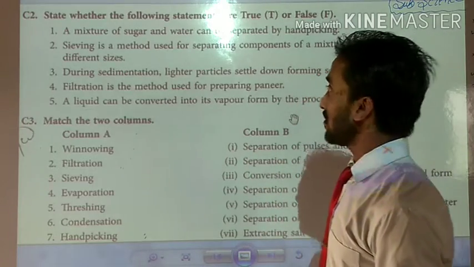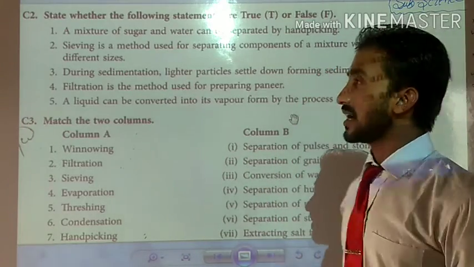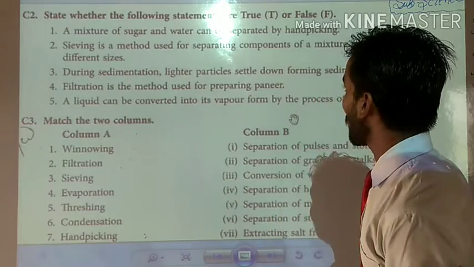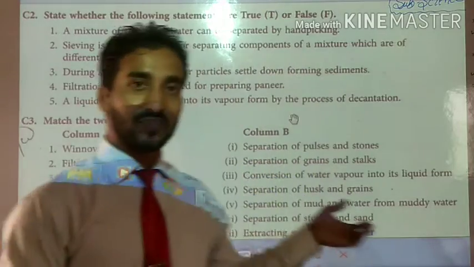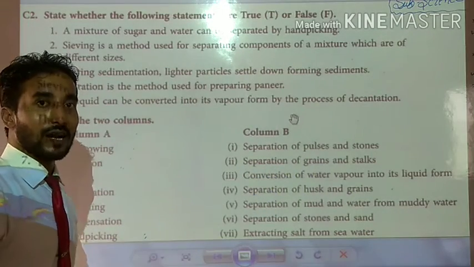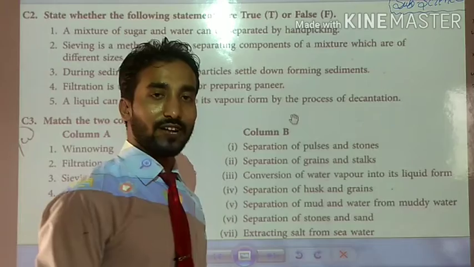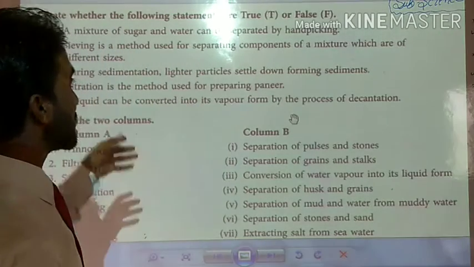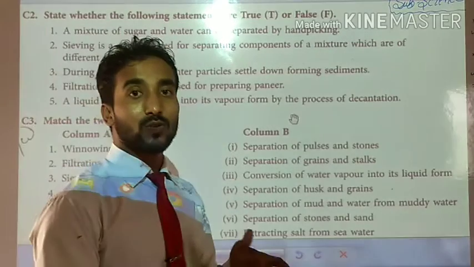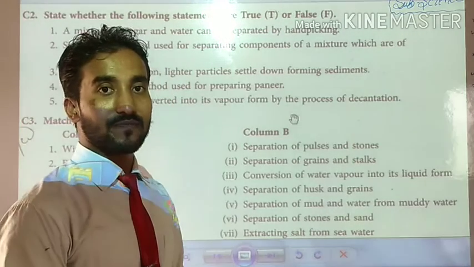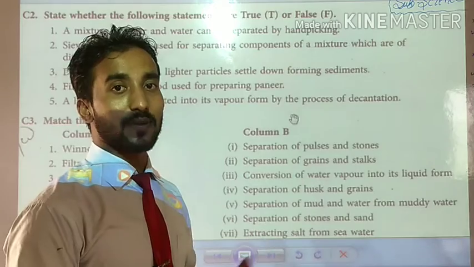See the question: a mixture of sugar and water can be separated by hand picking. Do you know hand picking? It is a method I taught while the chapter was going on. By using the hand, you can separate two different types of substances.